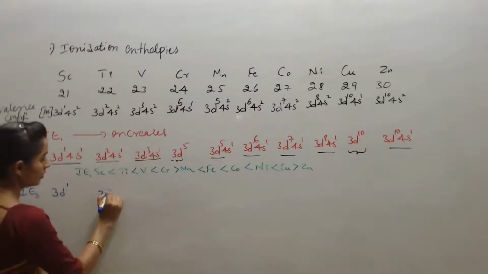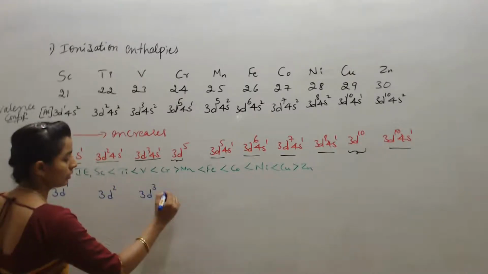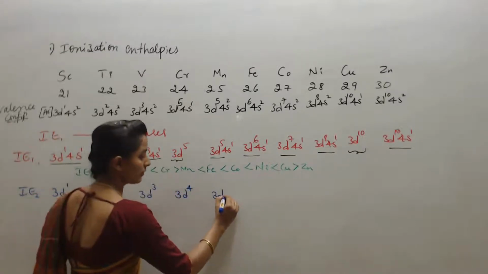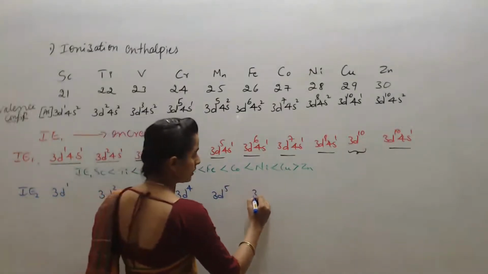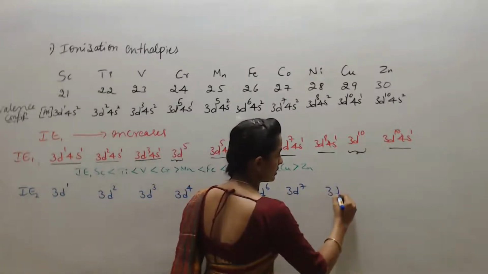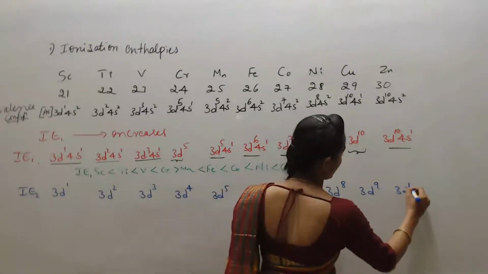Again here 3d2, 3d3, 3d4, 3d5, 3d6, 3d7, 3d8, 3d9, and 3d10.